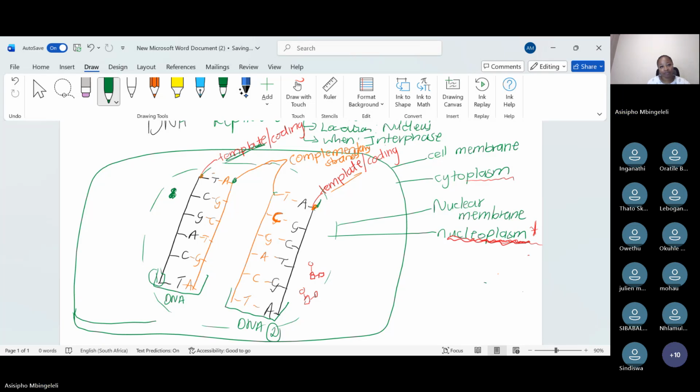Let's check. Now, in terms of the bases that we have in DNA 1, it's a T and A, C, G. It's the same thing here, T, A, C, G. And let's look at the bases. Let's continue. It's a GC this side, GC, AT, AT, CG, CG, TA, TA.